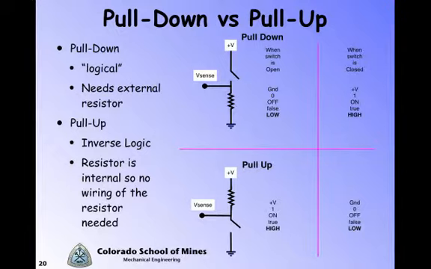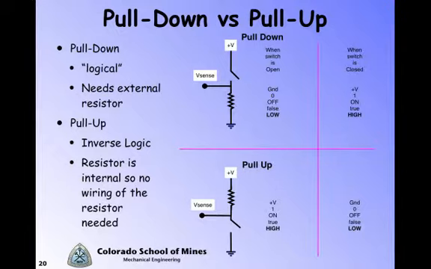So what's the difference? Well, in the case of the pull down, it's logical, in quotes, meaning that if you think about it, the switch is open, and when we ask what the switch condition is, we get back a low or off. And that makes sense. When it's closed, we ask it, we're going to get back on or high and true, and all of those things kind of match our intuition about how the switch ought to read.